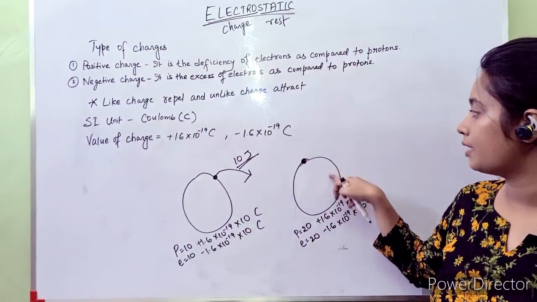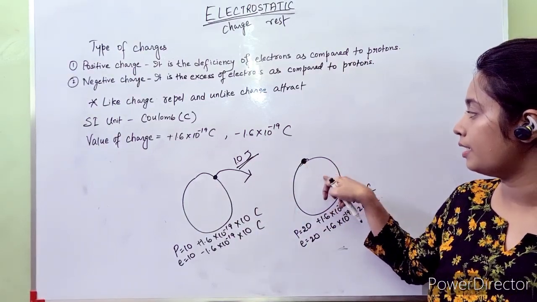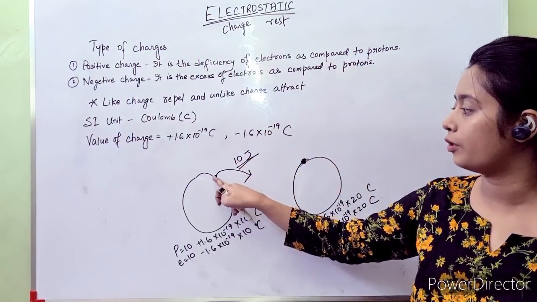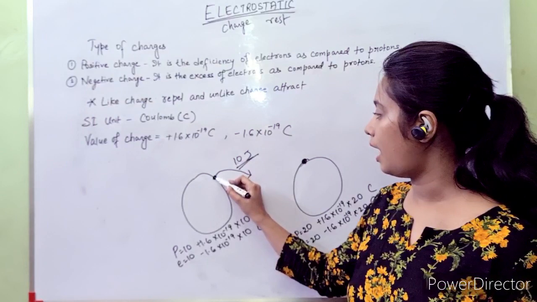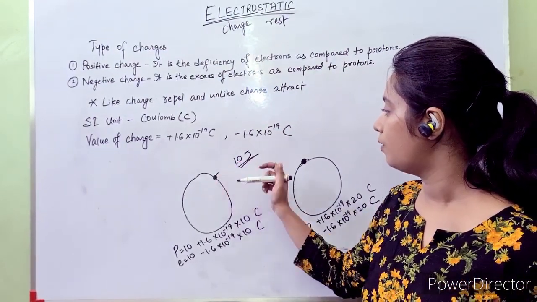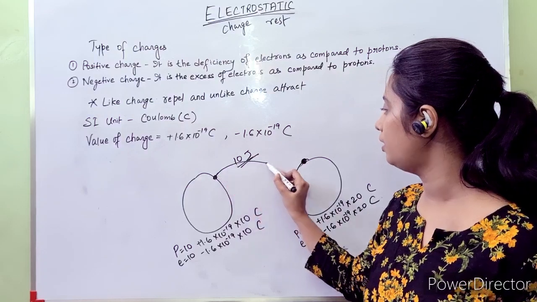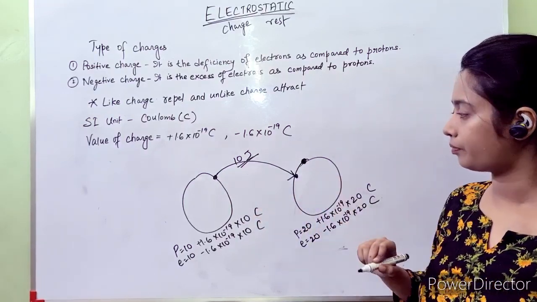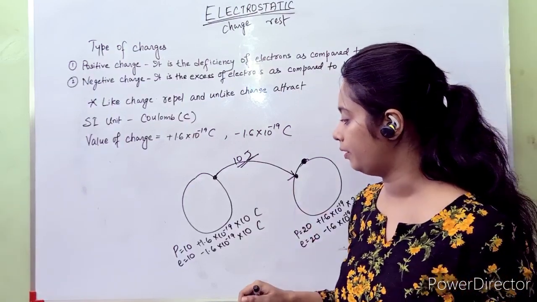And this atom's work function is more than that of the electron in this atom. This electron will jump from this atom and will come to this atom. Now what will happen?